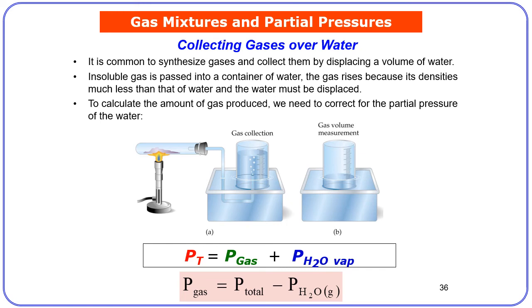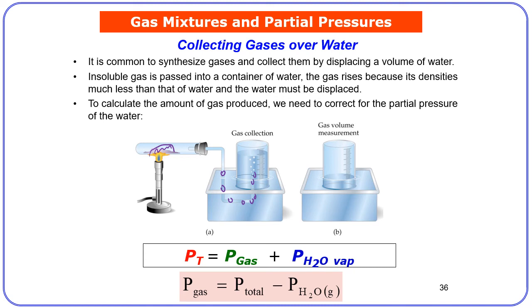If we have a reaction from a heating process, we heat our sample right here like this, and it will dissociate and produce gas. The gas will be transferred into the water.